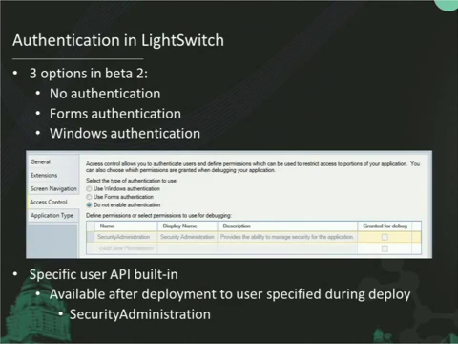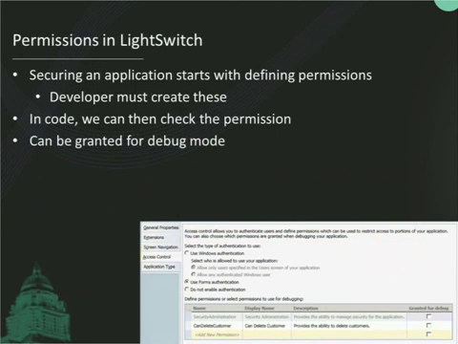And that permission system is, of course, the authorization system. Security with authorization is, in fact, entering a few strings, which are your permissions inside of your application. And in code, you have to actually check which permissions the user has. And you can manage those via those administration screens.